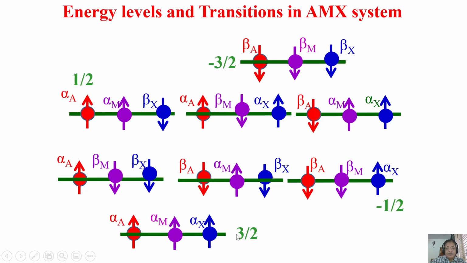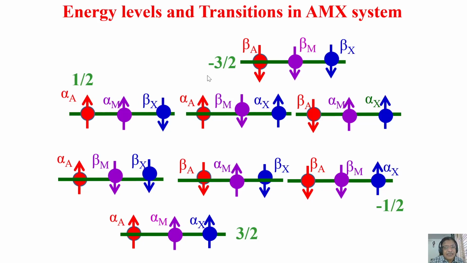For this it is 3 by 2, pertaining to the orientation of different spins, different magnetic moments, whether up or down. We can work out all the energy states, and we found out what the allowed transitions are for all 3 spins, A, M, and X.